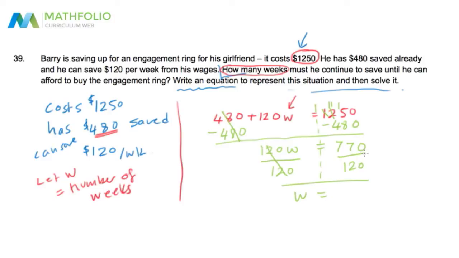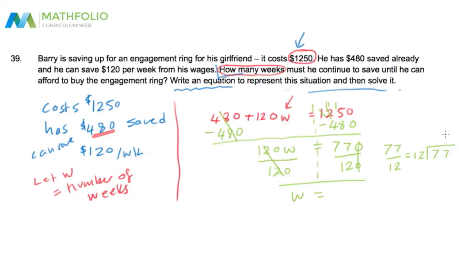Now we could try and do some work on this to simplify it a little. 770 divided by 120. For a start, we can cancel the zeros, and so really this fraction, this division, is really 77 over 12, which is 77 divided by 12. So we could write it like this. Remember, the first number you say goes in the house. 6 times 12 would give you 72.